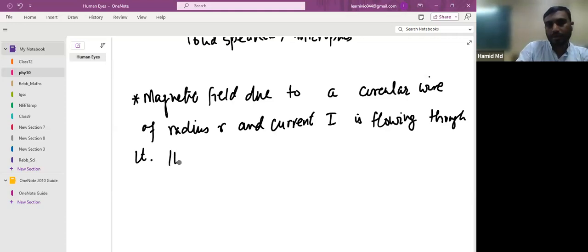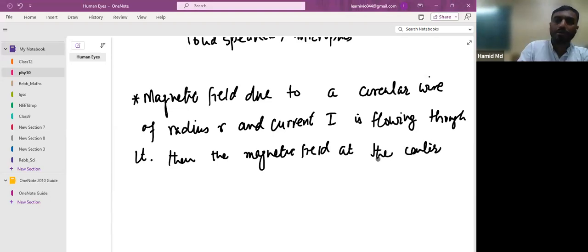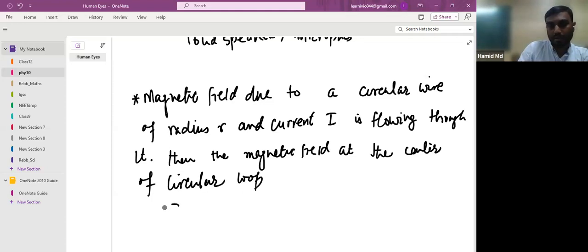Then the magnetic field at the center of the circular loop. This is the circular loop, right? We have to find the magnetic field, and it has radius r. So the magnetic field at the center.